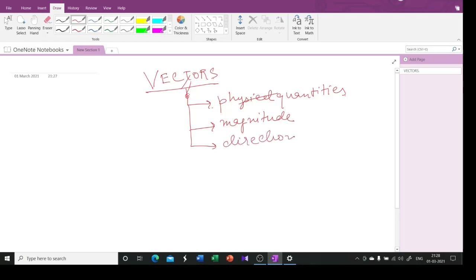This you already know, right? But maybe the fourth point which you are not aware of, I guess, but it is really very important: they follow the vector law of addition. So what are vector laws of addition? We would come to that later on.